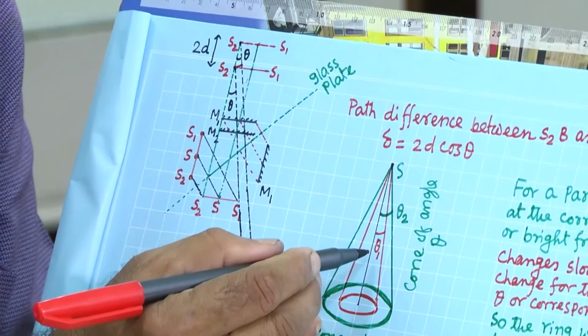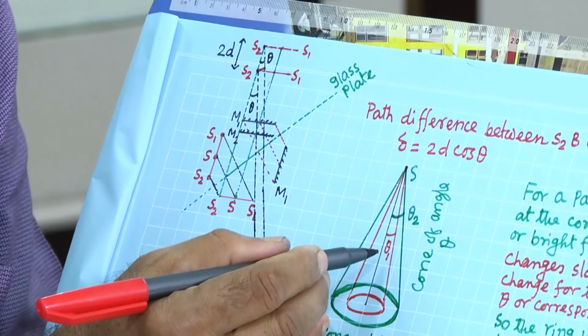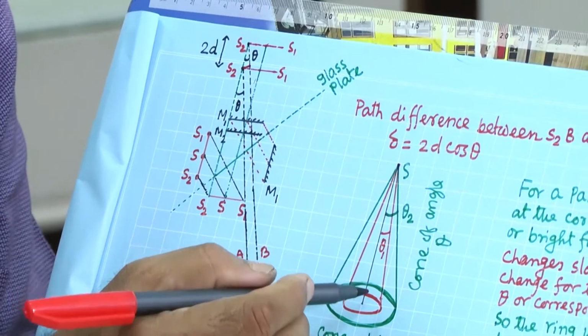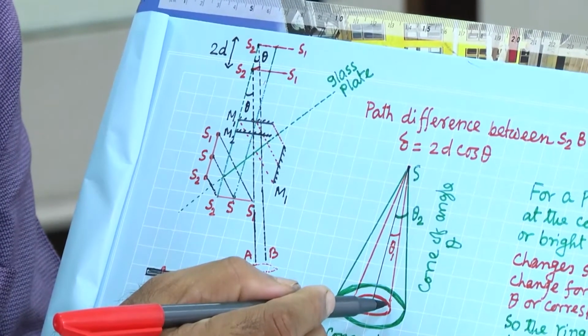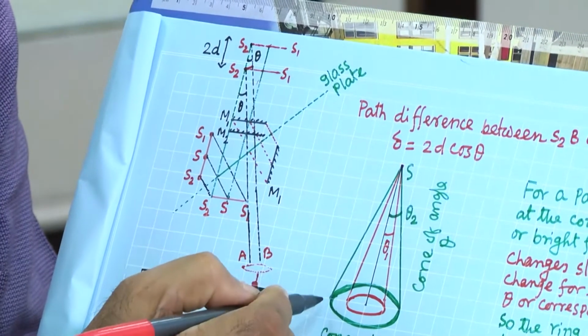D is constant, and for a particular theta, cos theta is also constant, okay. So, we will get the same path difference on a circle, okay.